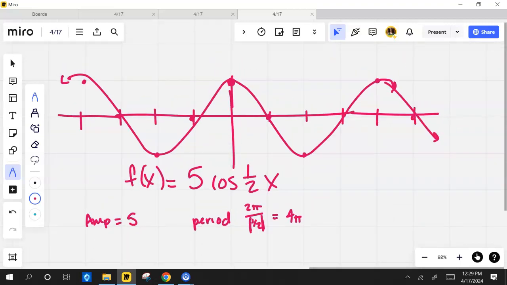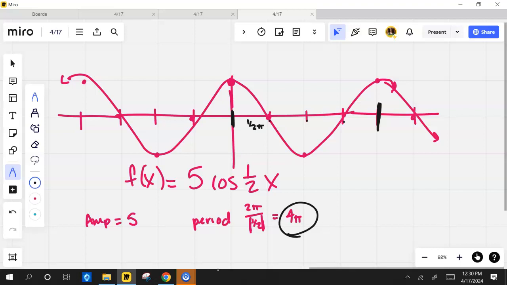We could take this up to 5 and down to -5, no problem. That's the first thing we need to think about. But what we also need to think about in between there is my period is now 4 pi. Instead of it taking that long to go up, down, up, and back up to the top, now it takes 4 pi to do that. So instead of there being half a pi between each one of these points, I'm going to have a whole pi in between. Does that make sense?